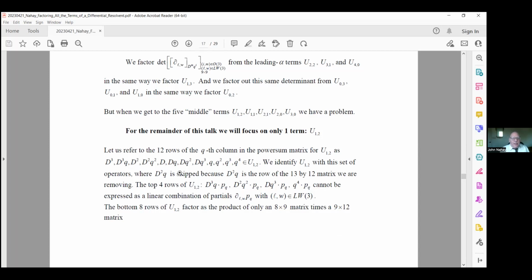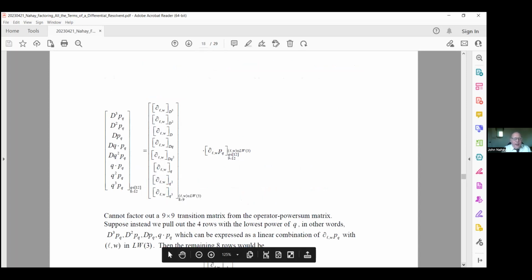Well, this is actually this main theory and the Python programs. So here, basically, the method: when you get to U12, what happens is you can't factor out a 9 by 9 matrix. You can factor an 8 by 9, by 9 by 12 transition matrix.